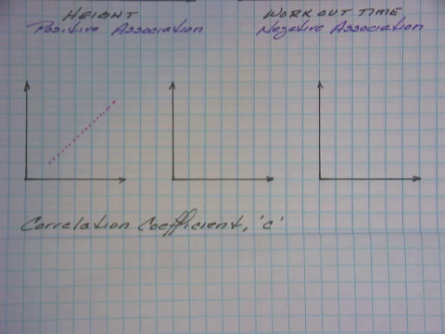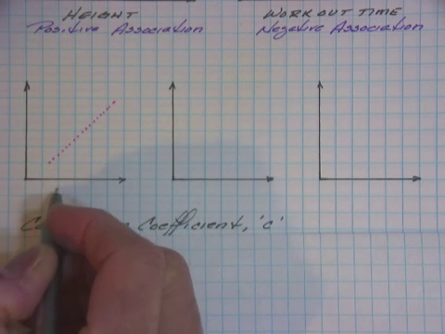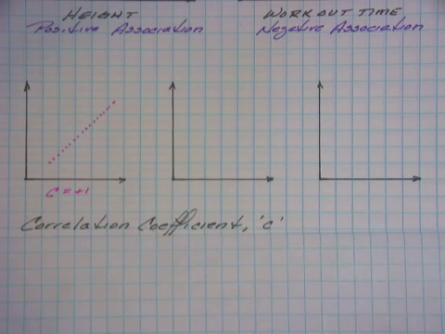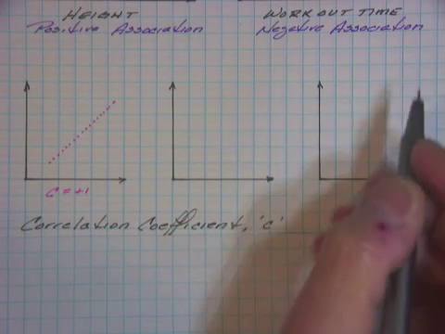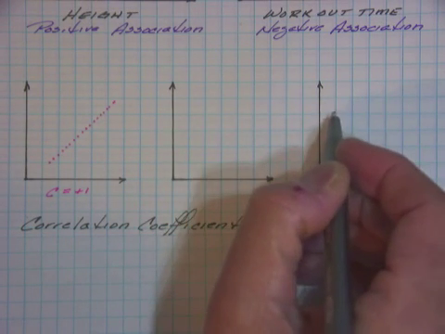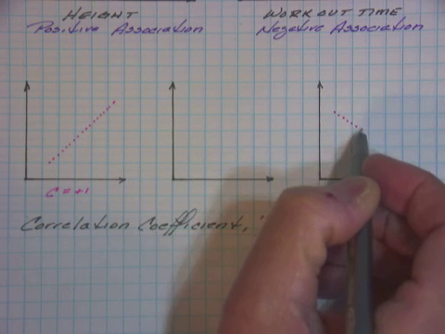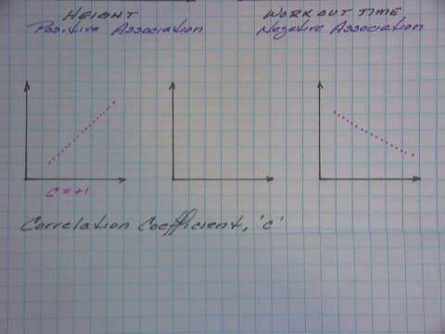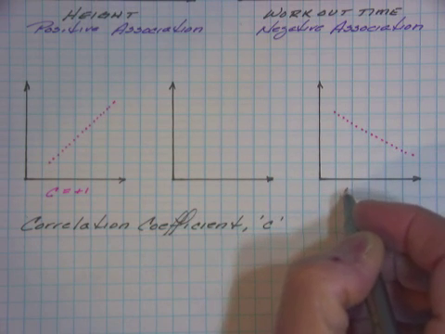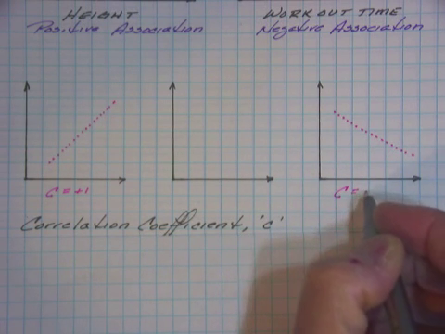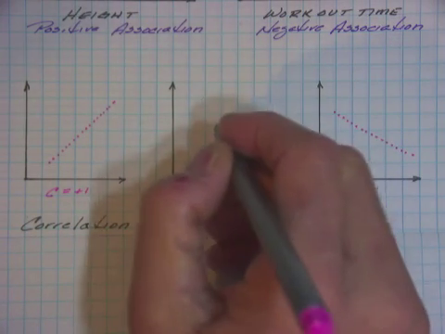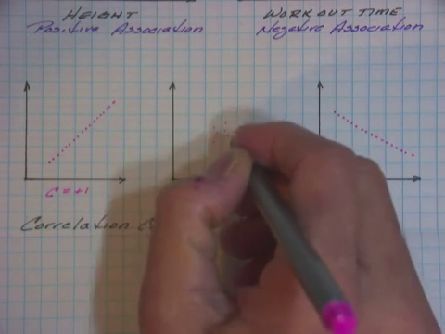But if they form a straight line, then you're getting a correlation coefficient, and we say that with a C, equal to a positive 1. Now let's go to the far end, where you collect points and the points almost exactly line up in a straight line, but in a negative slope. Well, this would be a correlation coefficient equal to negative 1.